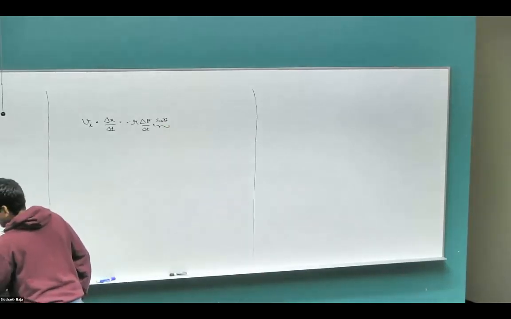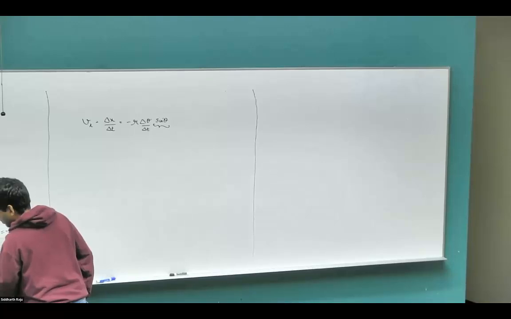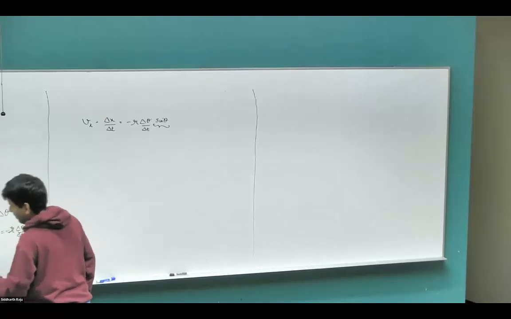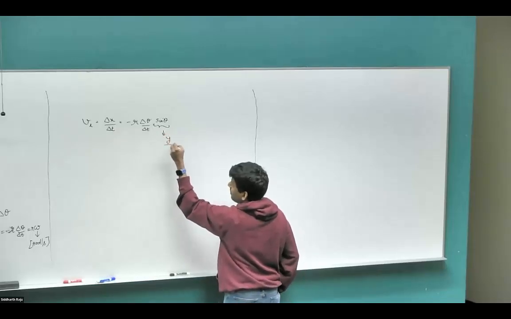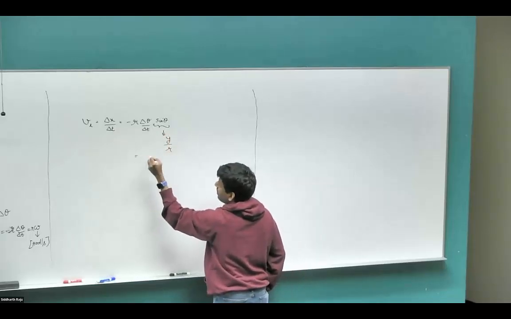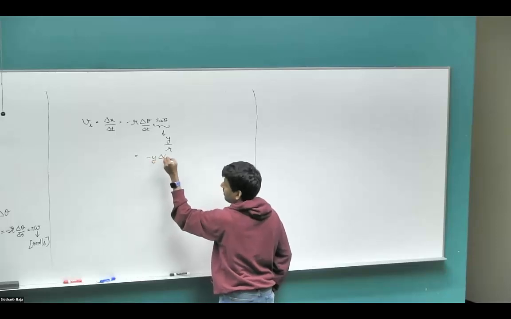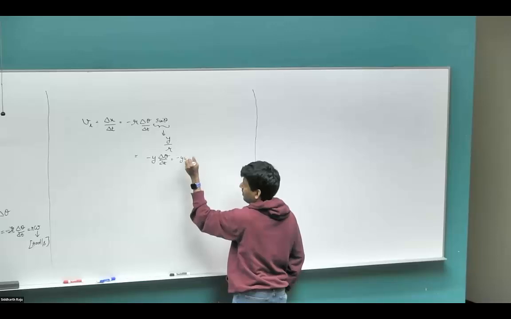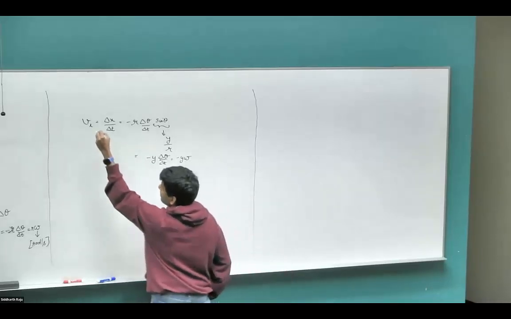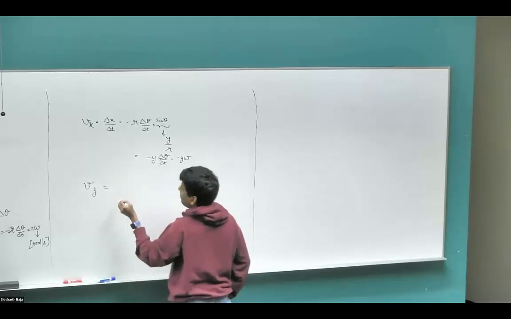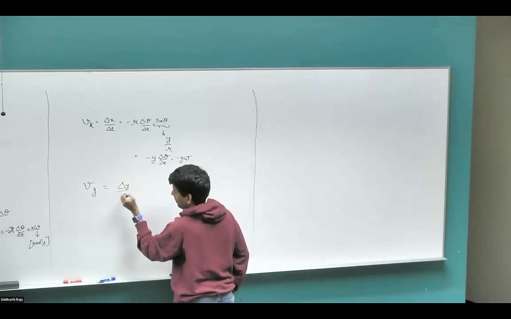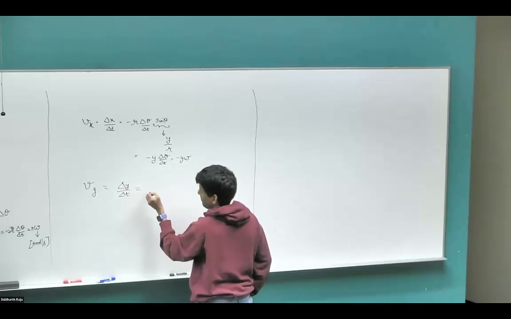Sine of theta is just the y value divided by the radius. That's the definition. So this ends up being minus y delta theta by delta t, or minus y times omega. And this is the x component of the velocity. It's somewhat counterintuitive, the cross coupling that happens.